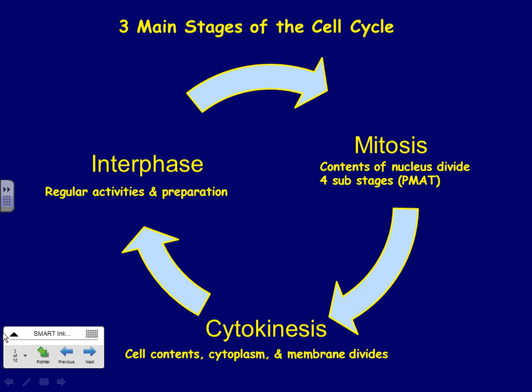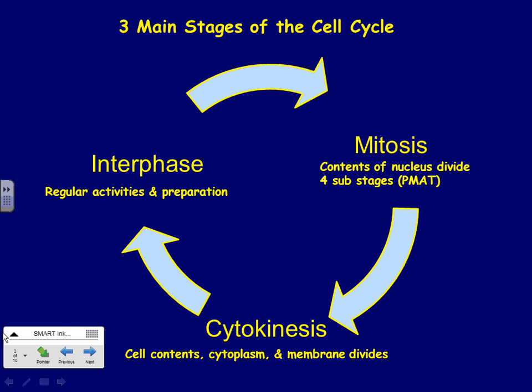We won't be doing classic drawings with the power and all that, because what I want you to do, like some of you did in the last assignment, is zoom in on that one cell and then describe what's happening in that cell for each of the stages, all right?